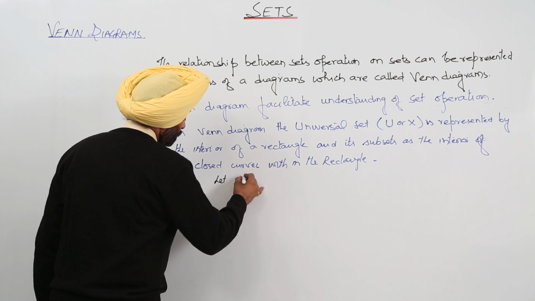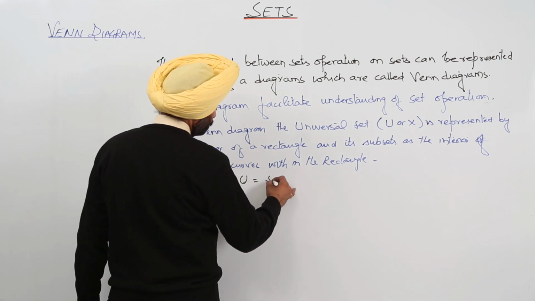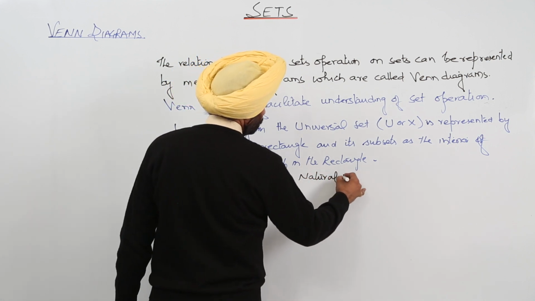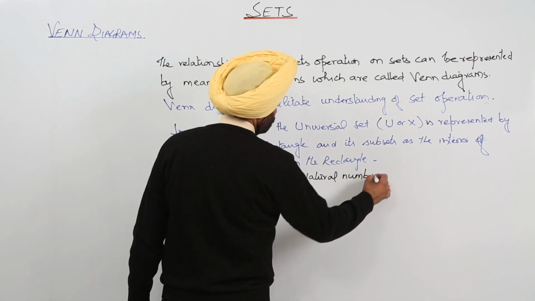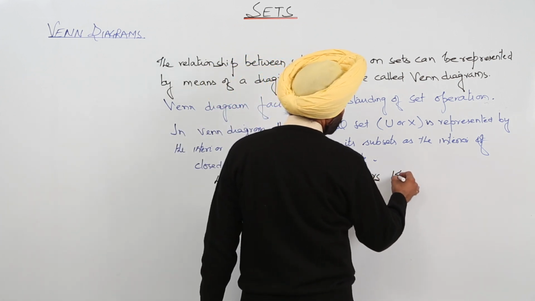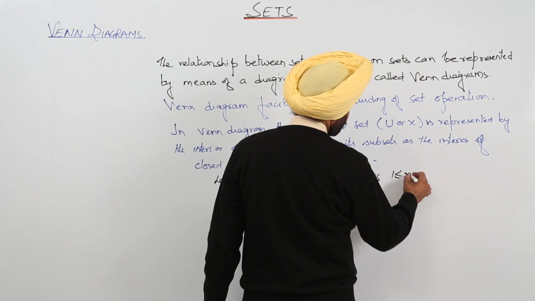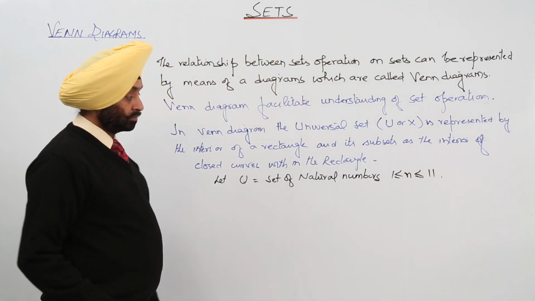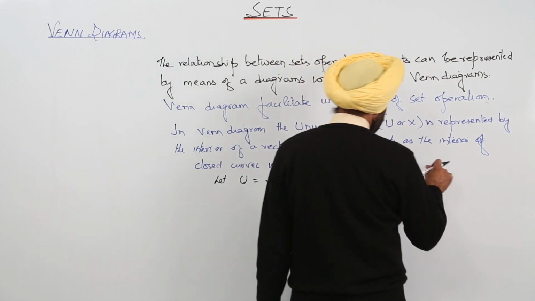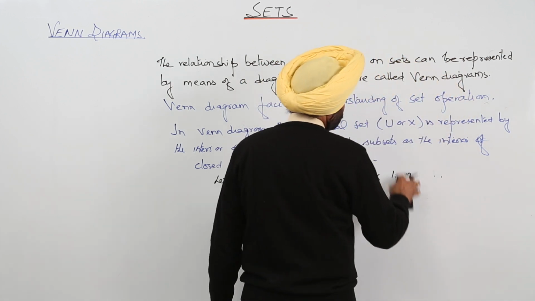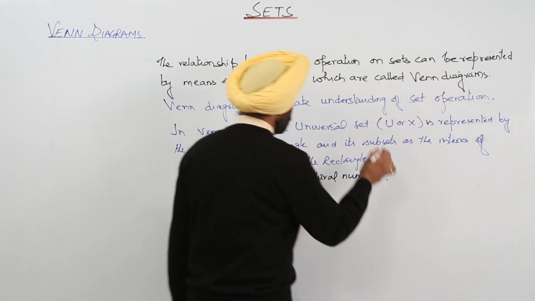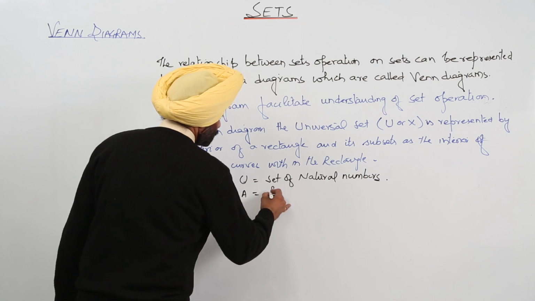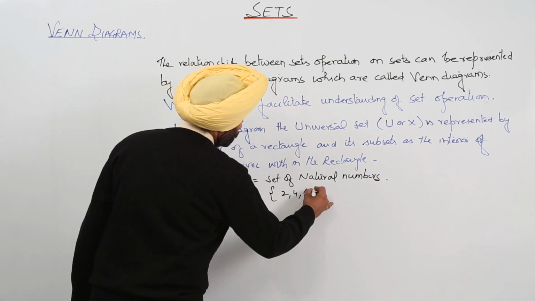Now let U be the set of natural numbers n such that 1 ≤ n ≤ 11. Or we can just write it as the set of natural numbers, a big set. A is equal to the set whose elements are 2, 4, 6, 8, 10.